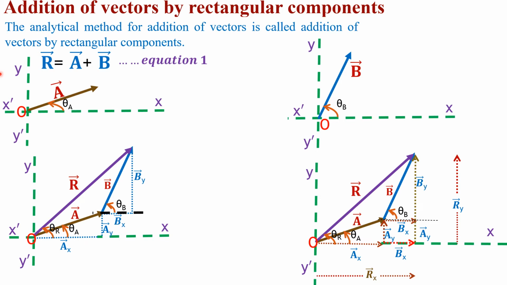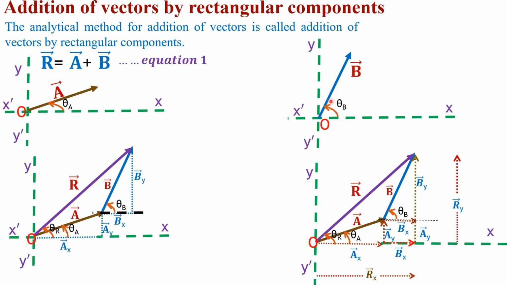We have vector A in Cartesian coordinate system making an angle theta A with x-axis, and we have second vector B in Cartesian coordinate system making an angle theta B with x-axis.